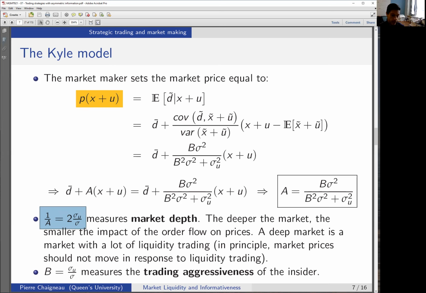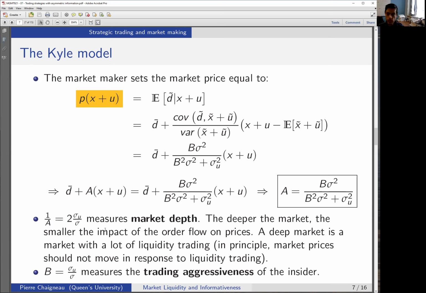And so it is in this model. So what are the determinants of market depth? Well, here the model tells us two things. First of all, to have a deep market, a very liquid market in which market orders do not move the price much, you need to have a lot of liquidity trading. So the larger sigma u is, the deeper the market is going to be.